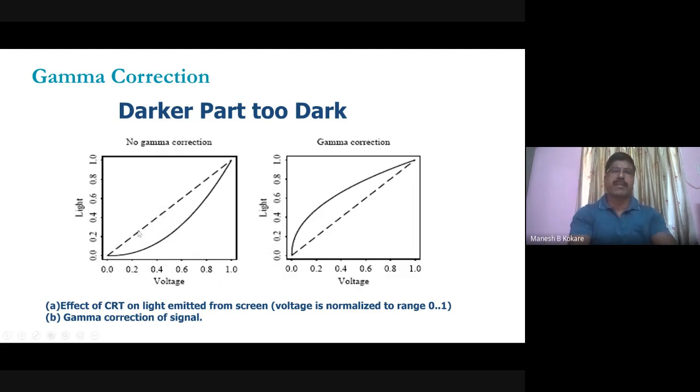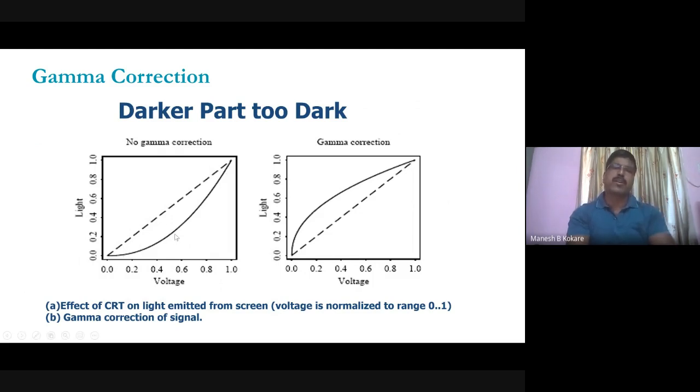See, this is the expected voltage and light relationship in the CRT, but actually it happens like this. So there is a non-linear transmission of the electrons from the gun to the screen of the cathode ray tube. So you have to make a correction.